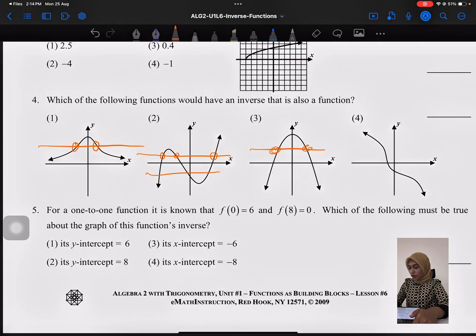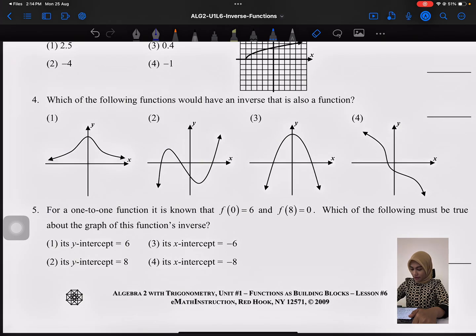For number 4, when you draw a horizontal line, only one point intersects. So number 4 is one-to-one and it passes the test.